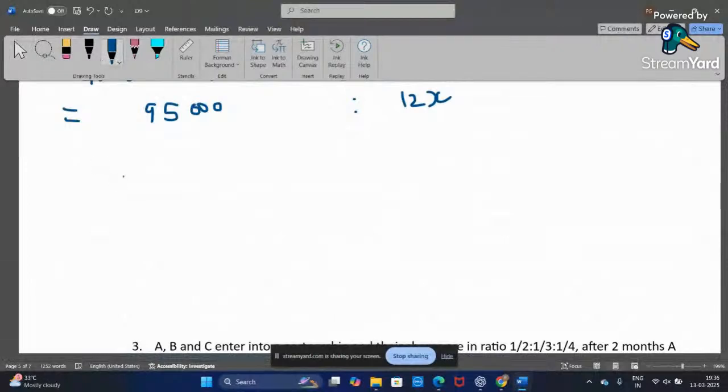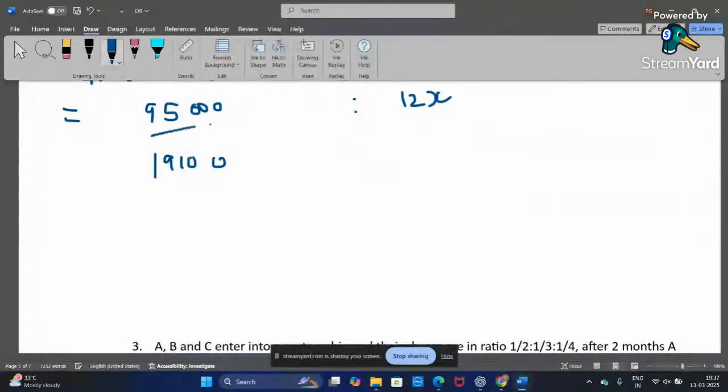In the profit of rupees, the profit amount was how much? 19,100 rupees, right? In that, we need to find out B's share and A's share.